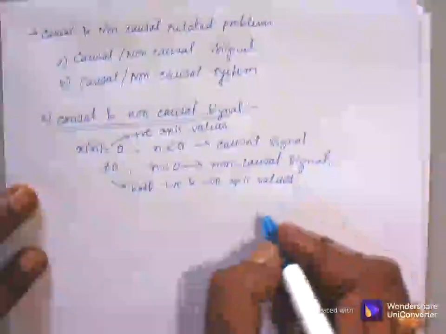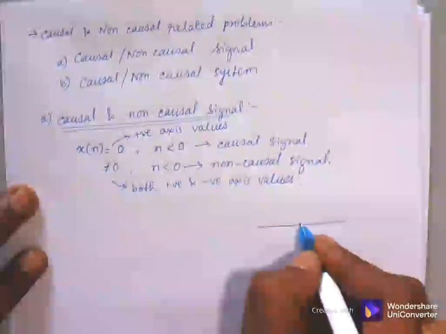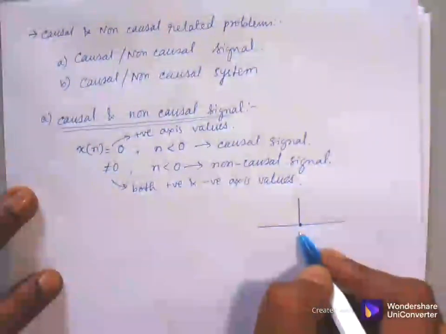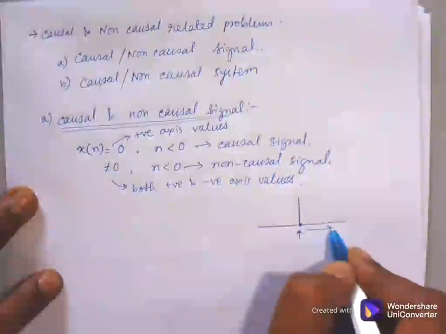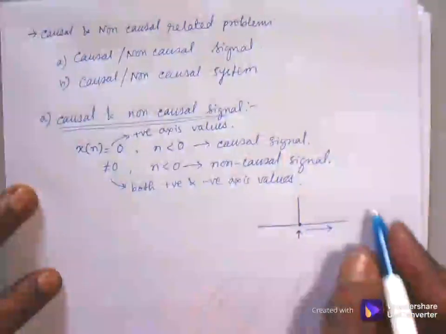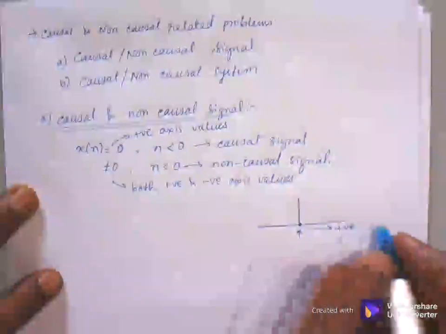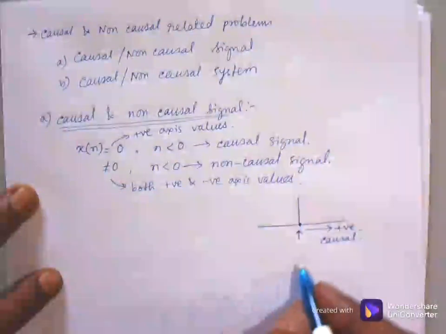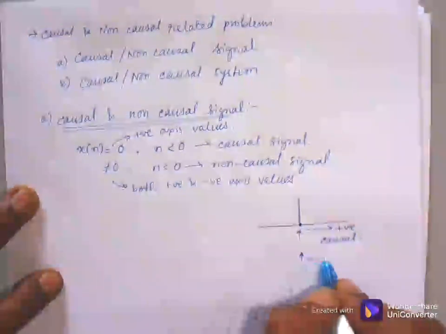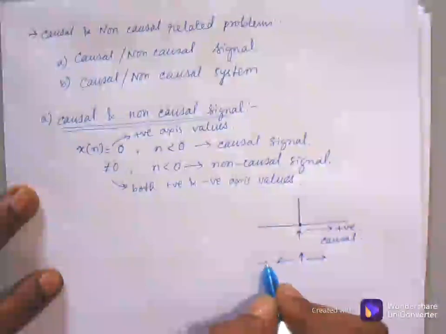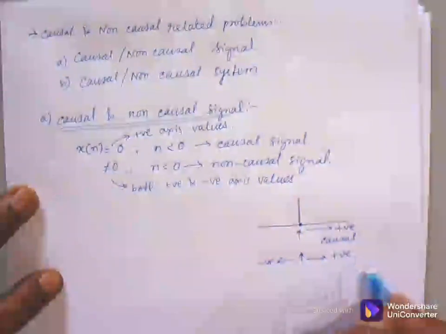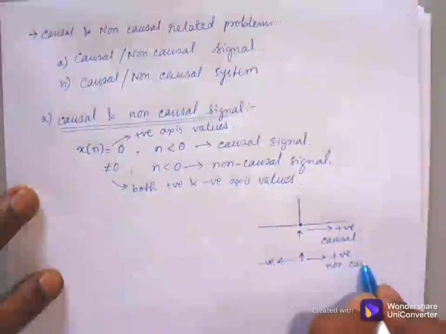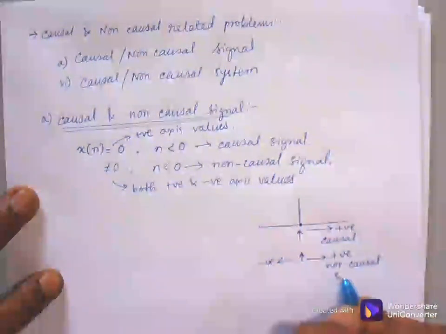So on the number scale, if I have a signal only on the positive axis, it is a causal signal. And if I have the signal on both axes, negative as well as positive, then it is a non-causal signal.